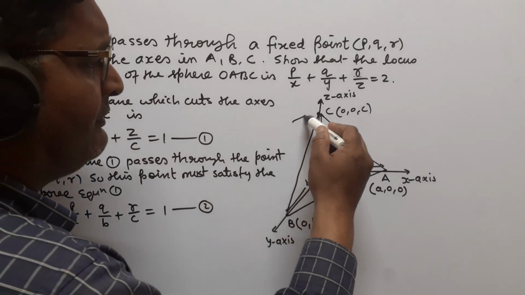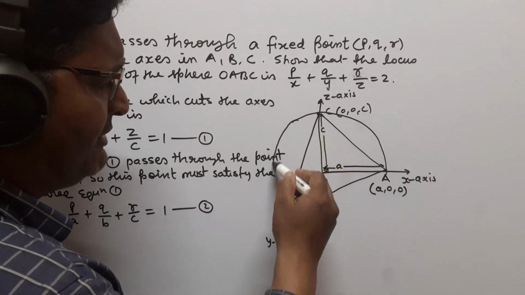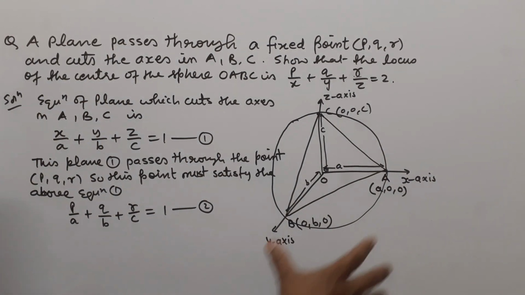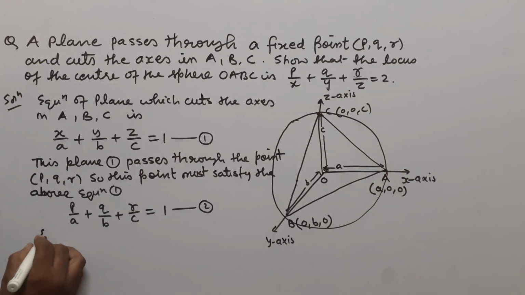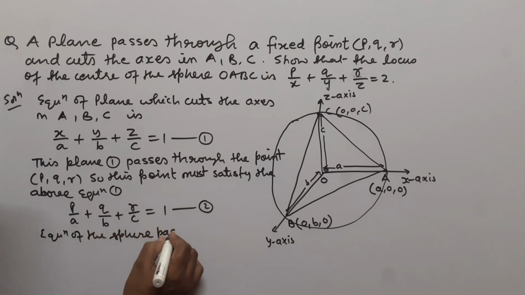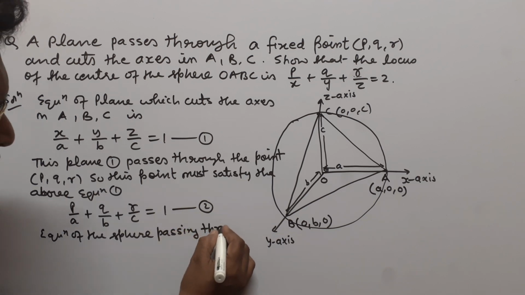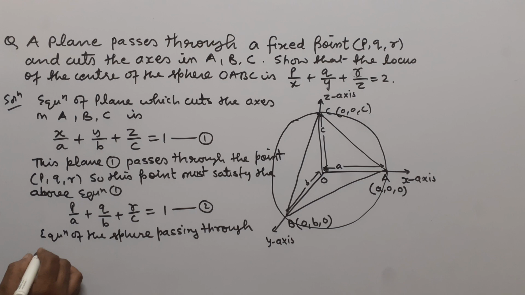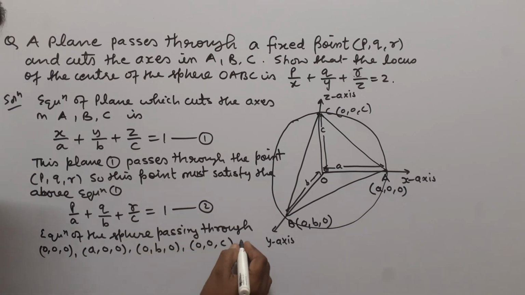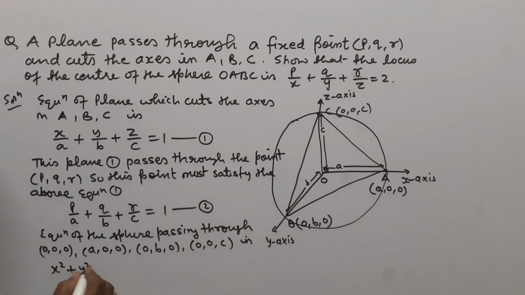So first we draw a sphere which is passing through the points O, A, B and C. We know that the equation of the sphere passing through (0, 0, 0), (a, 0, 0), (0, b, 0), (0, 0, c) is x square plus y square plus z square minus ax minus by minus cz is equal to 0.